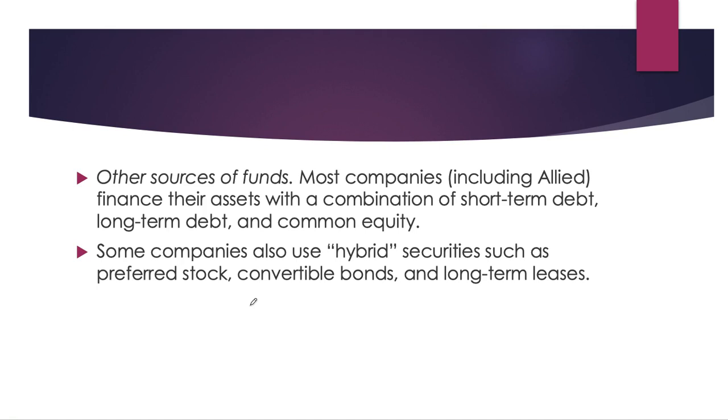They have different advantages or disadvantages, and depending on the macroeconomic outlook, usually companies will prefer one of them, or for diversification purposes, they might also use a combination of these financing tools. And some companies also use hybrid securities such as preferred stock, convertible bonds, and long-term leases. So these are also available for companies.